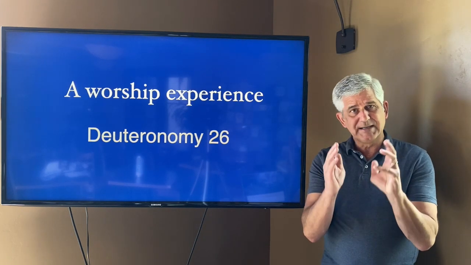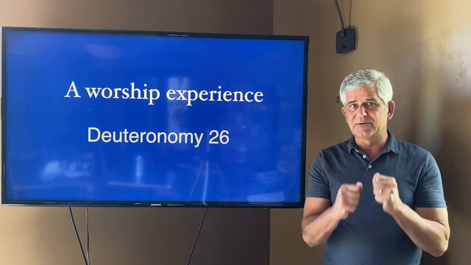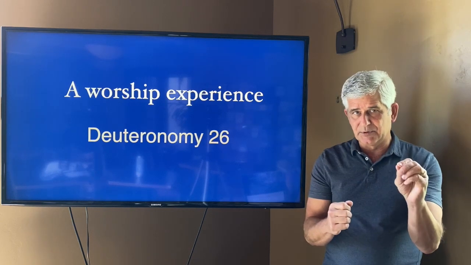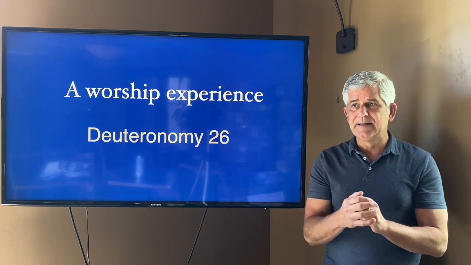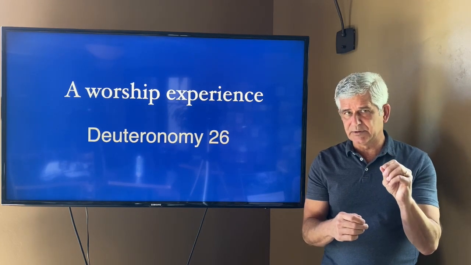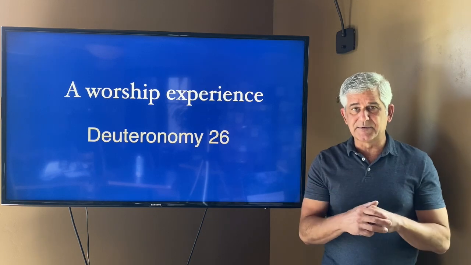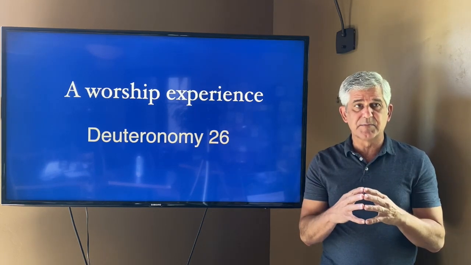So if you're a good Hebrew, in this worship moment, your identity is grounded in your ancestor, Abraham, in the fact that he was a wanderer, originally from Aram, and we'll talk about the locations and the geography in a moment.